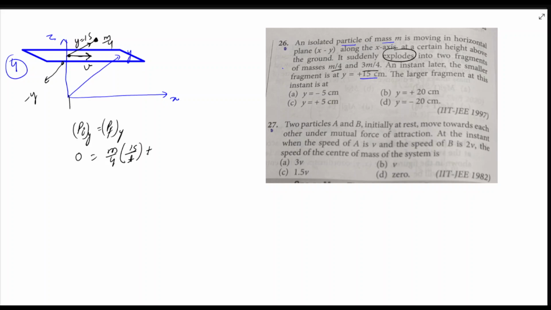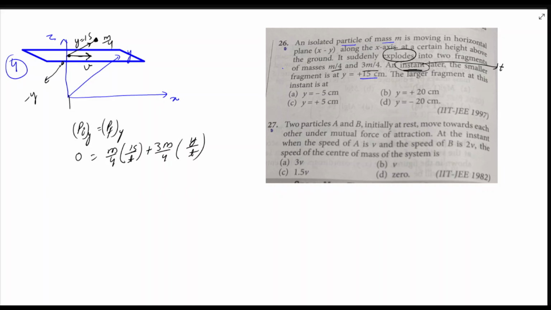So at t time it has moved 15 in y, so I have written the velocity as 15 by t.